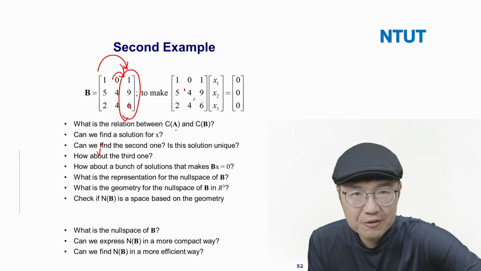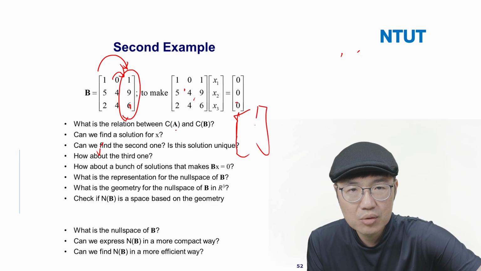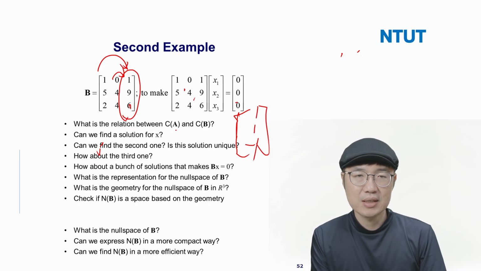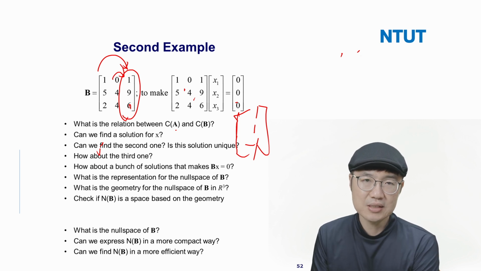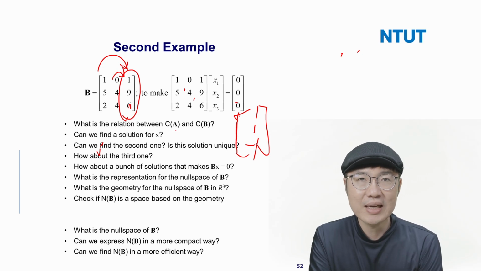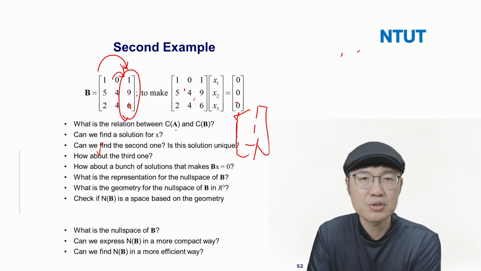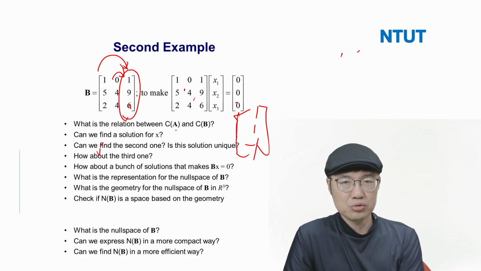So I have a non-zero solution, guys. 1, 1, minus 1. In a null space, if you select 1, 1, minus 1, so 1 times the first plus 1 times the second plus minus 1 times the third will also give 0, 0, 0. So finally, we find a non-trivial solution for B.